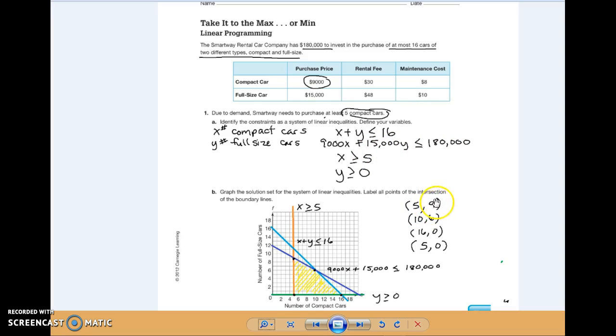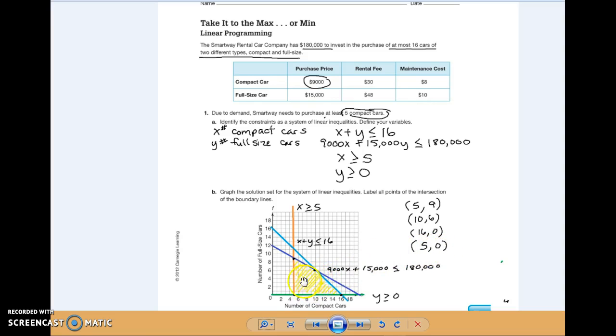So 5, 9 meets that requirement. 10, 6 does as well. 16 compacts and 0 full-size meets the constraints, and 5 compacts, 0 full-size meets the constraints.